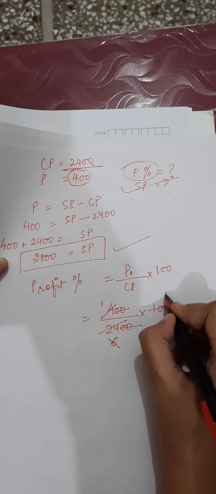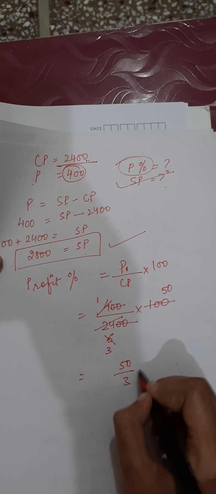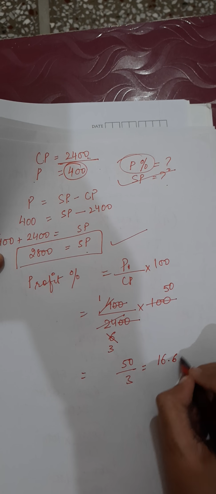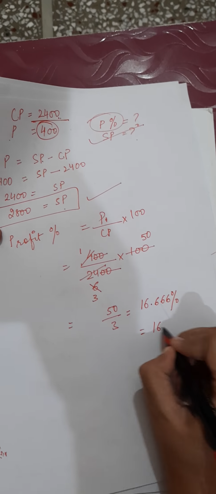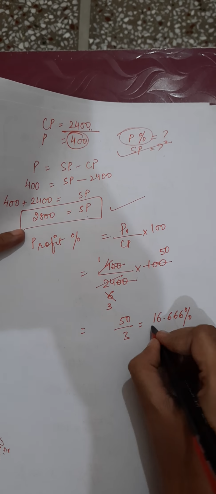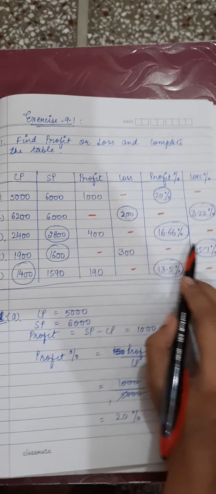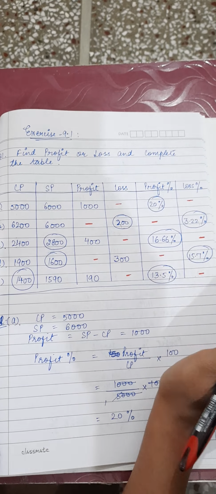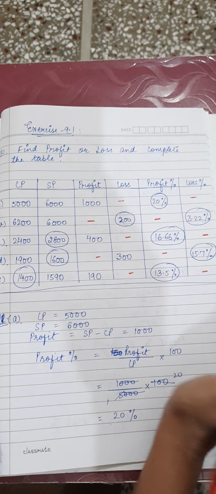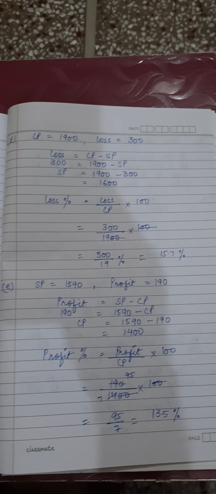Then these two are getting cancelled on 2. On 50 this will be cancelling on 3. So it will be 50 upon 3. When you will divide it, you will be getting 16.66%. Or you can round it. It will come out to be 16.67% also. So this is also correct and this is also correct. Both you can write here. Okay. So you can write 16.66 or 16.67 also you can write. It will be same.